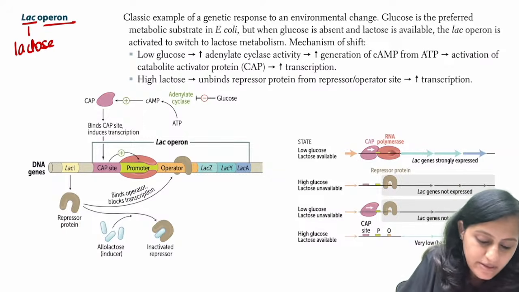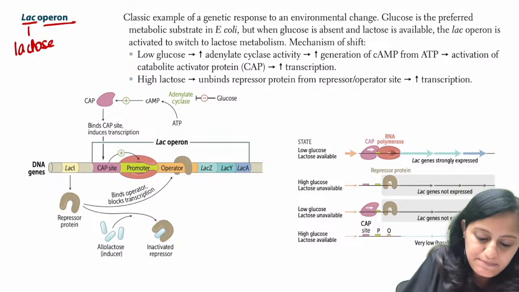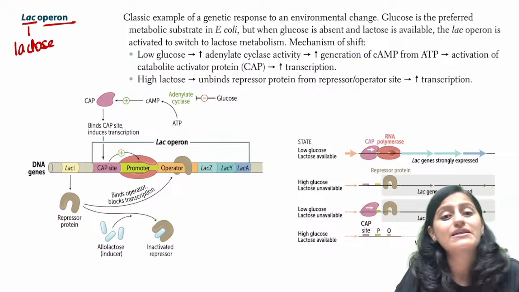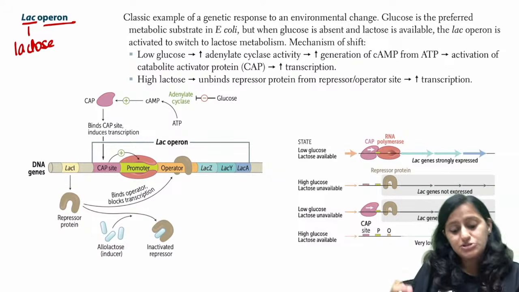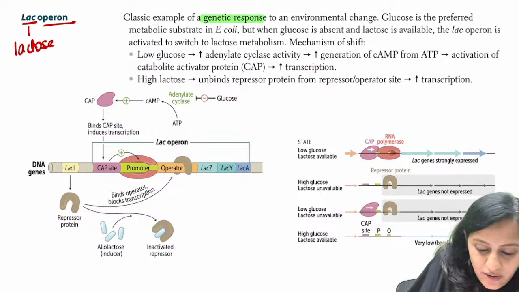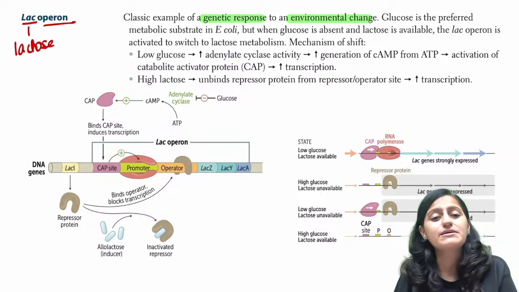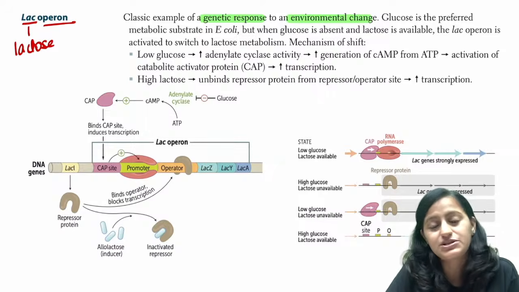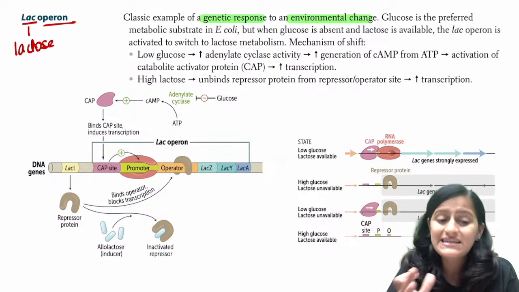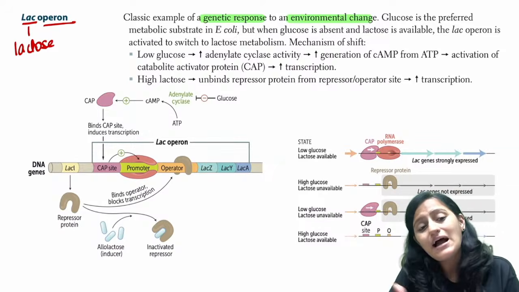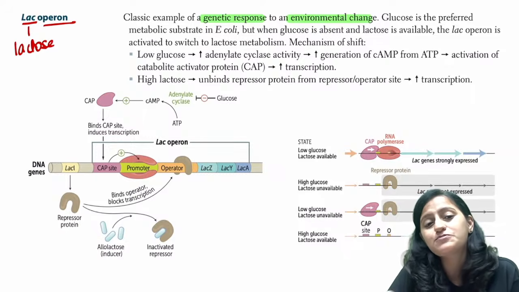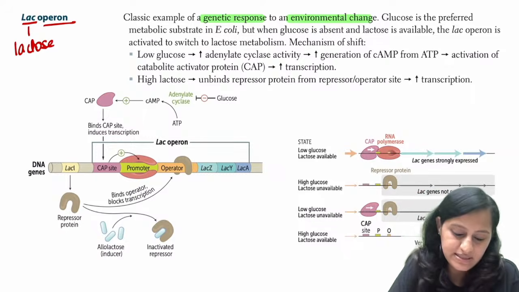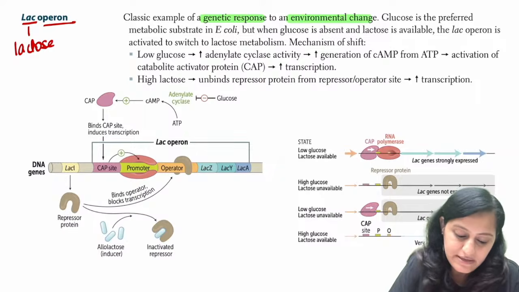Remember, the Lac operon is a classic example of genetic response to environmental change. The environmental change is how the levels of lactose and glucose are changing, and the genetic change is how the transcription of these genes responsible for metabolism is changing. So, genetic response to environmental change.